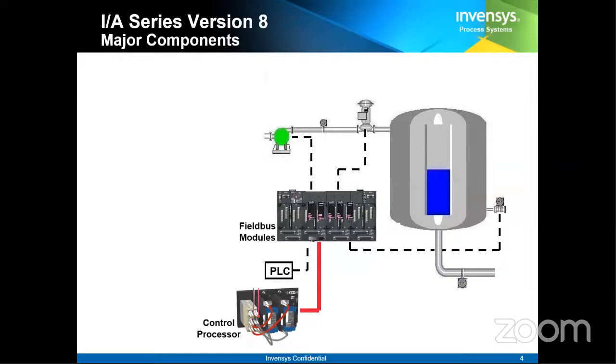With a discrete control, I can maintain the level, but I cannot reduce the error. With a discrete control system, I may be able to maintain the level from 65 to 85, but if I want to maintain exactly at 75, discrete control will not help. So the next thing is that I need an analog control. When I say continuous control or analog control, there the PID comes into the picture.